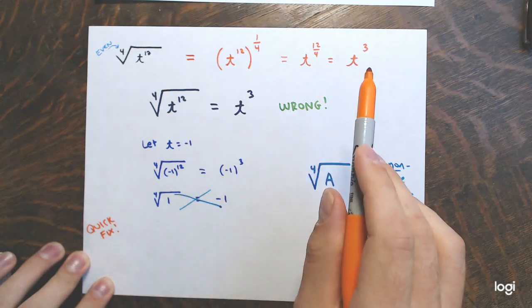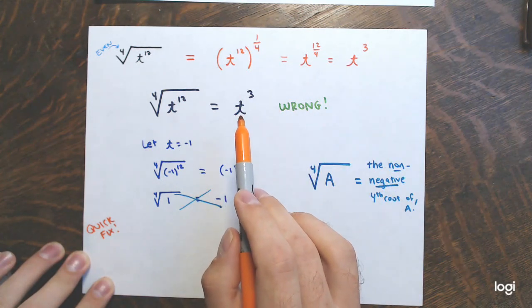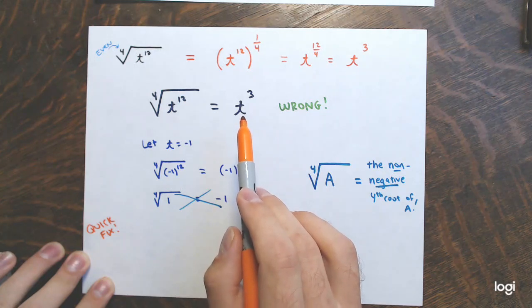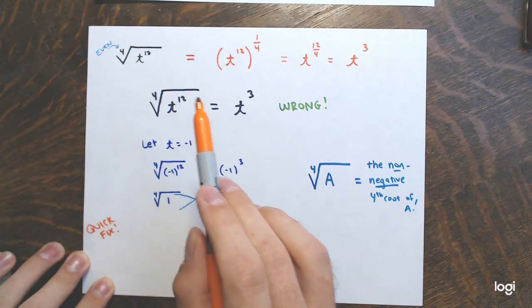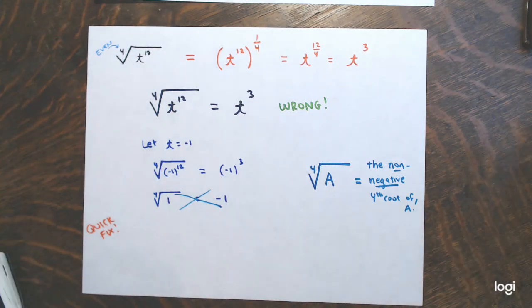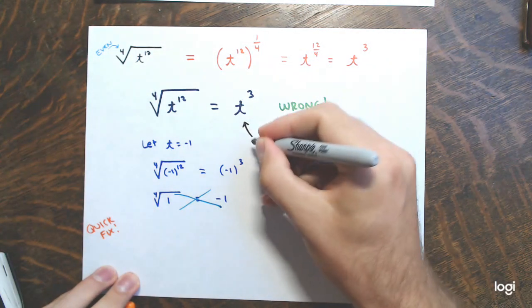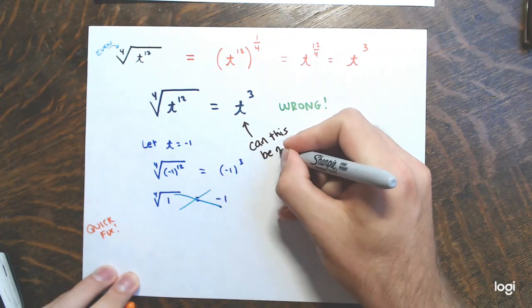But with t cubed, just ask yourself, can this ever be negative? I'm seeing this symbol with an even root, so the other side can't be negative. You have to ask yourself that question: can this expression be negative?